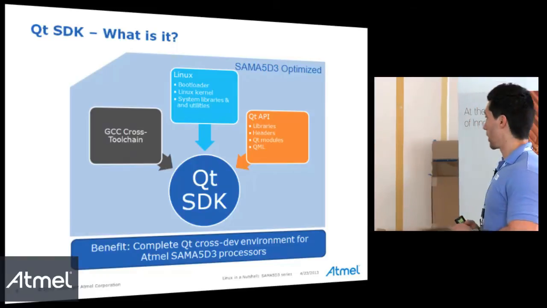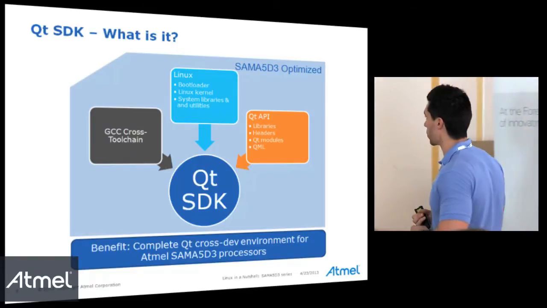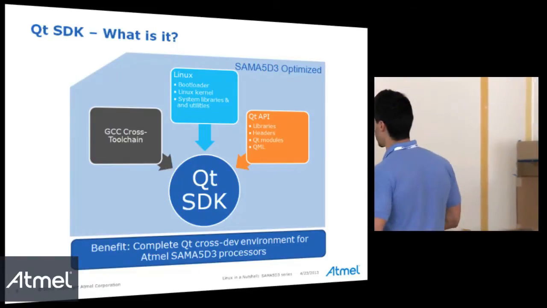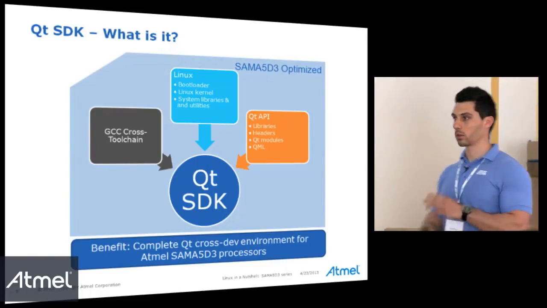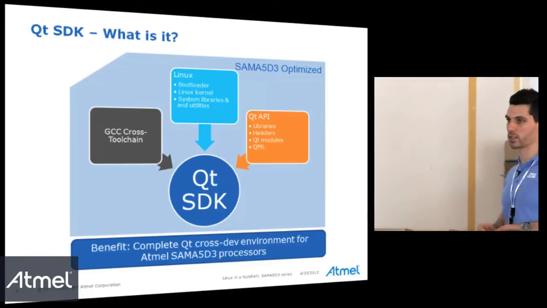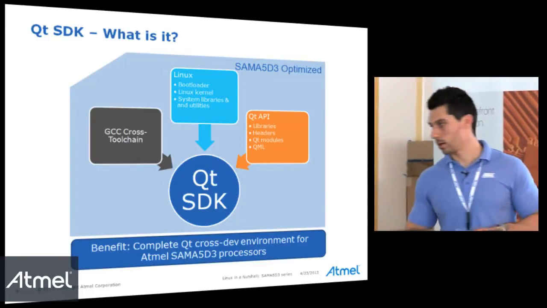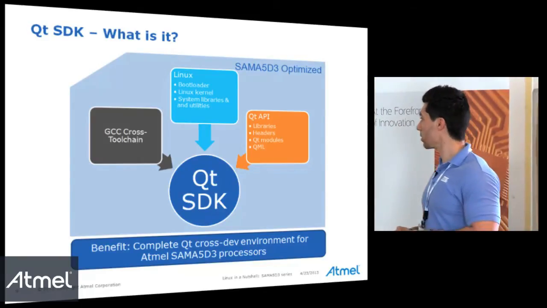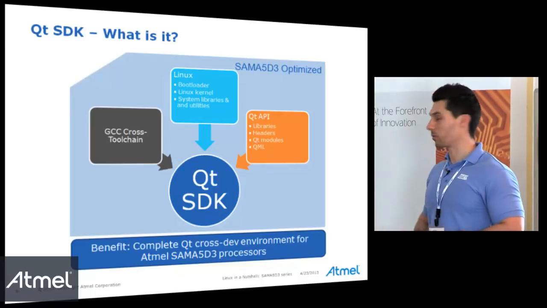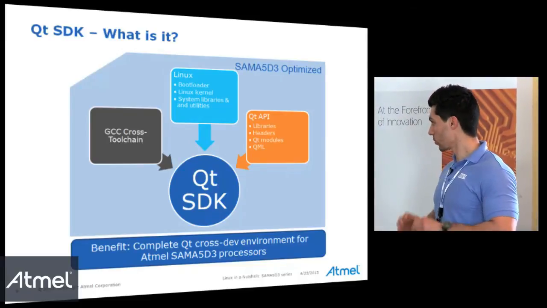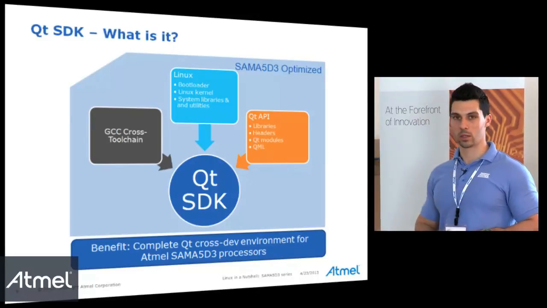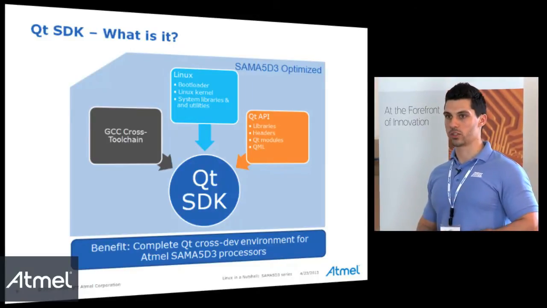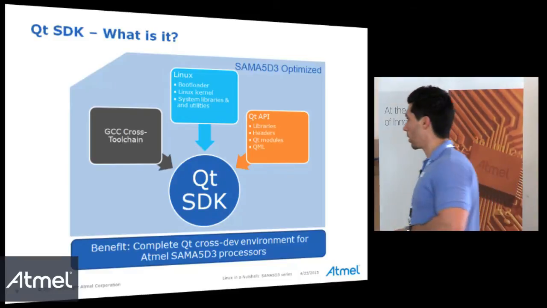And Qt SDK is, of course, also a set of APIs, so libraries, headers, different modules, and QML files for designing the user interface. So this is a complete cross-development environment, which has been ported to the SAMA5D3 family.